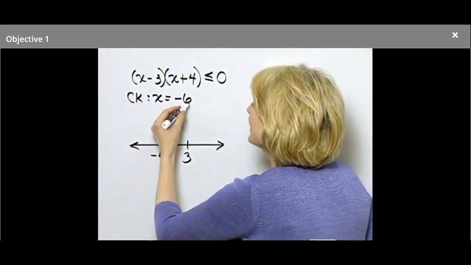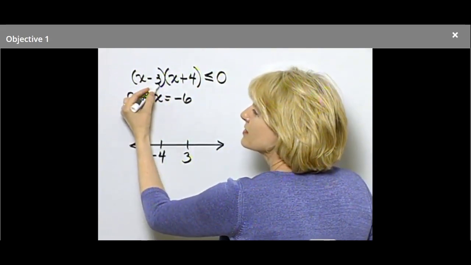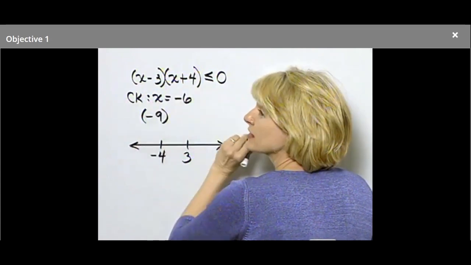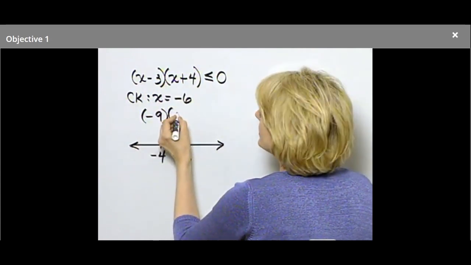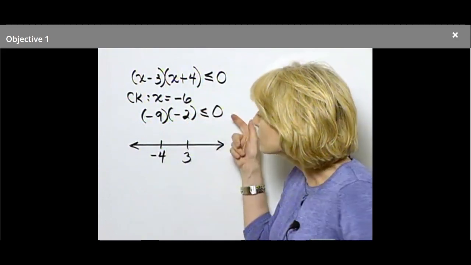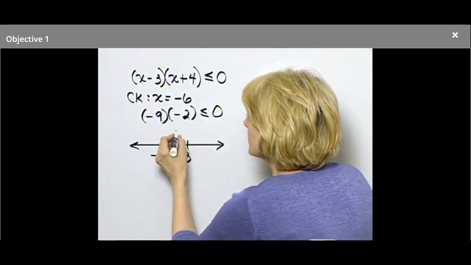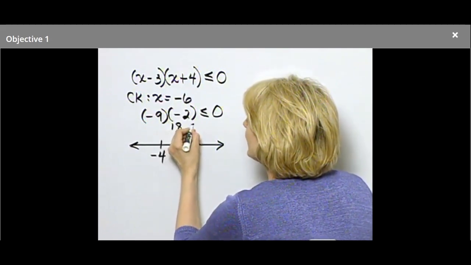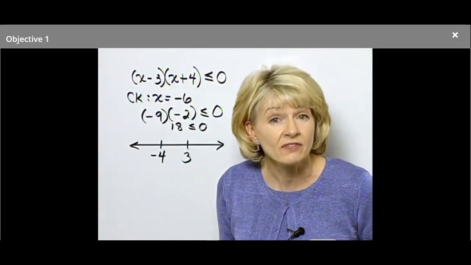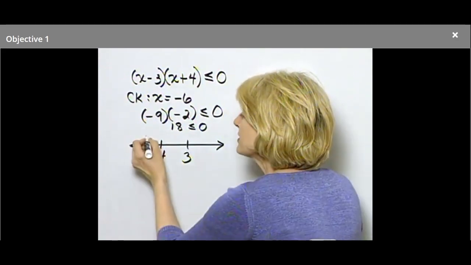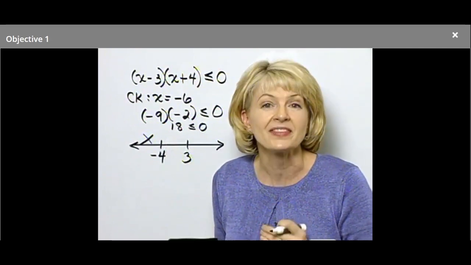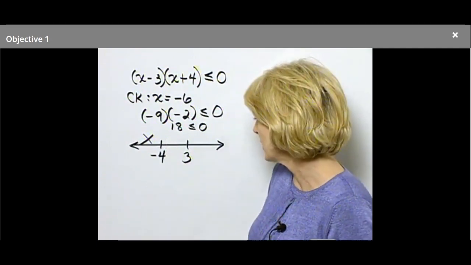Let's see. -6 minus 3, that's -9. -6 plus 4, that's -2. Is this true or false? Well, this is 18 less than or equal to 0. True or false? That is a false statement. So I would suggest you put some type of X there, telling yourself that that is not a solution region.